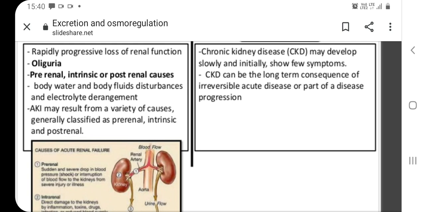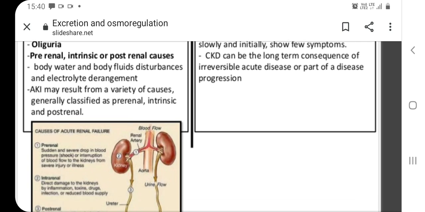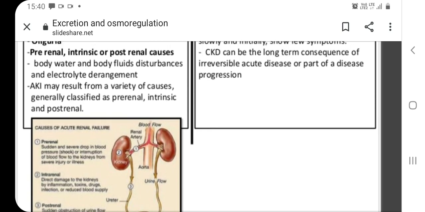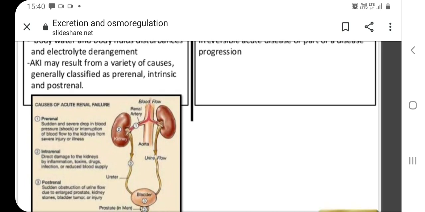pre-renal, a sudden and severe drop in blood pressure due to shock or interruption of blood flow to the kidney due to some severe injury or illness. Intrinsic may be due to some damage to the kidney by swelling or inflammation due to toxins, drugs, infection, or reduced blood supply.